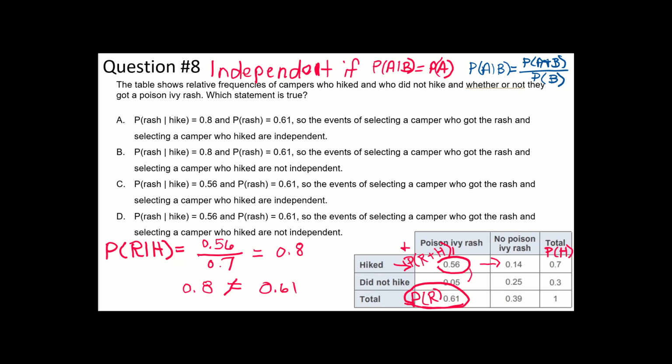So if you go through your answer choices, this says are independent. So we're going to mark that out. We have this identified correctly, this identified correctly, but we need not independent. So our answer choice is going to be B.